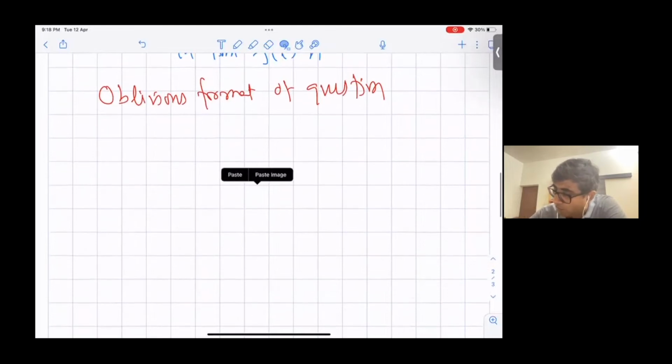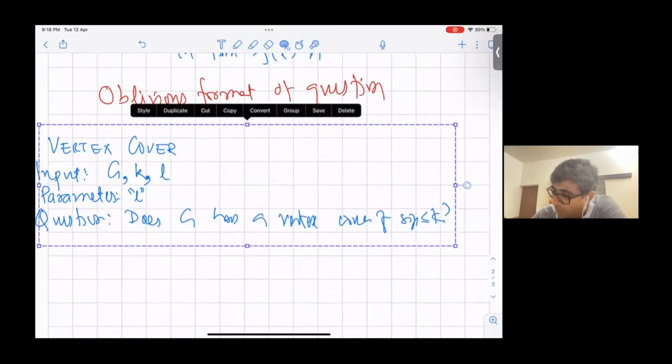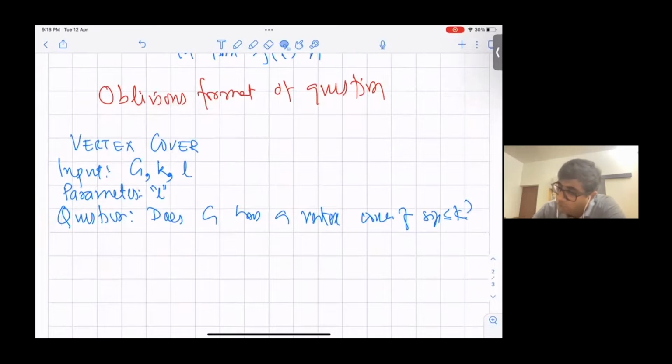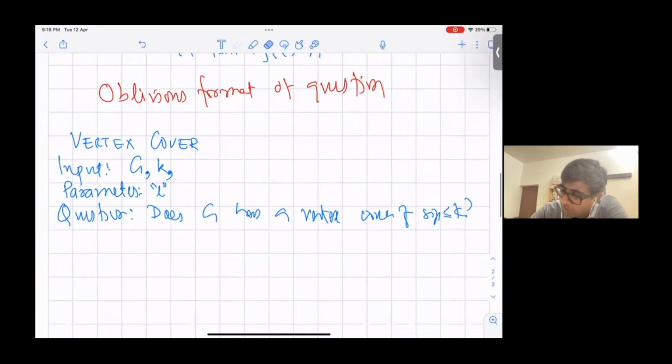So now let me state the non-oblivious format of the question. Here I give you a set S such that G minus S has degree at most 2. And what is my parameter?